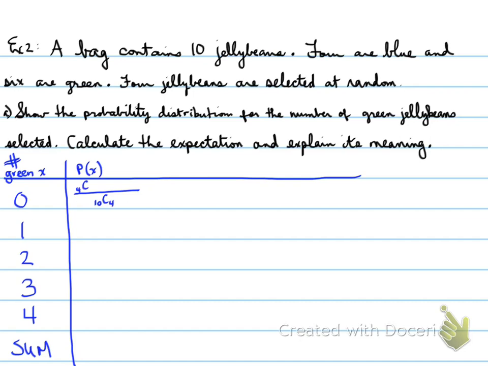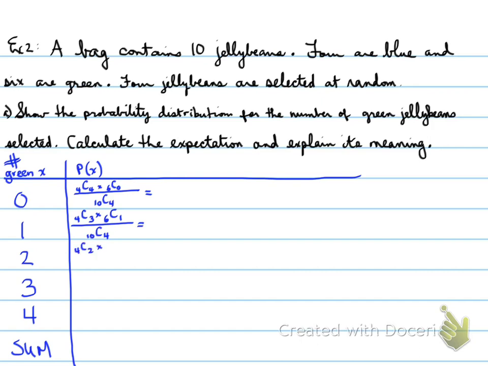We take 4 blue, choosing 4 blue, and 6 green, choosing nothing because we want no greens whatsoever. Next, you take 4 choose 3, so of the 4 blue, we're choosing 3 blue, and of the 6 green, we're choosing 1, all over 10 choose 4.